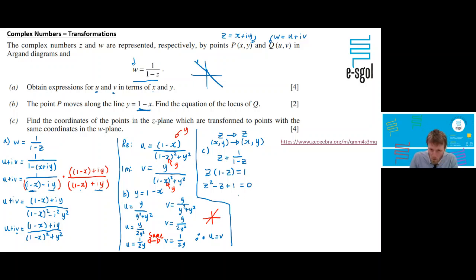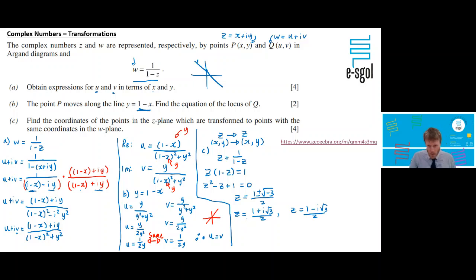When you go ahead and solve this, and I would show your method for solving this, so you'll be using the quadratic formula, you're going to be getting Z equals 1 plus or minus the square root of root 3 all over 2. That gives you your two solutions. So Z equals 1 plus i root 3 all over 2, or Z equals 1 minus i root 3 all over 2.